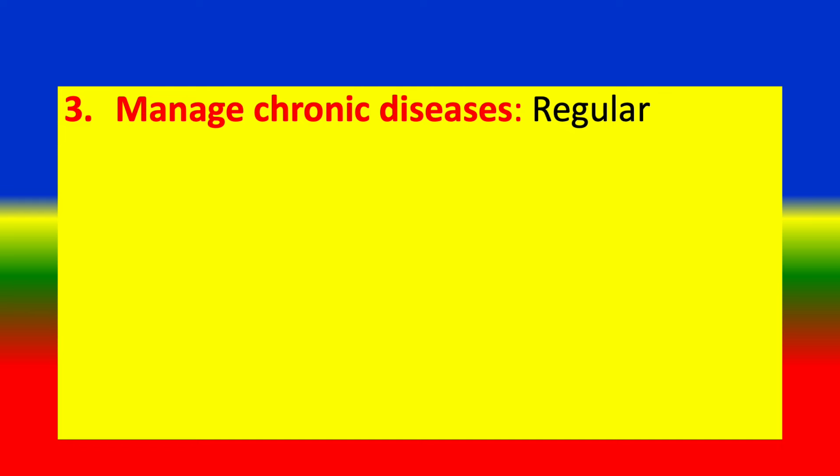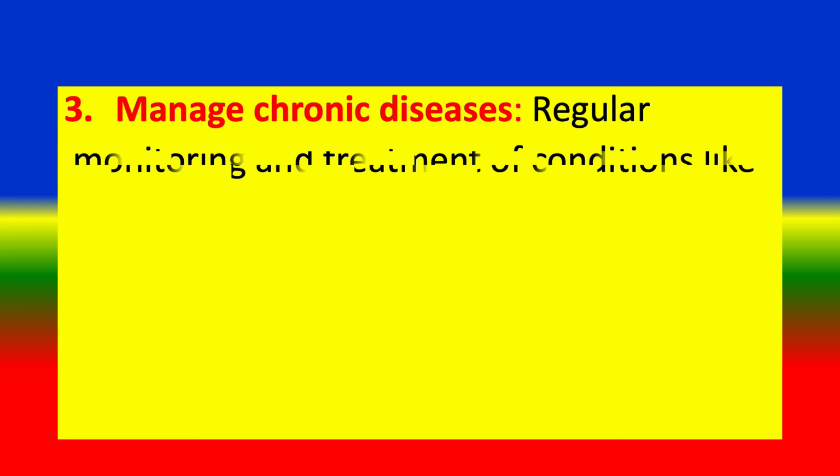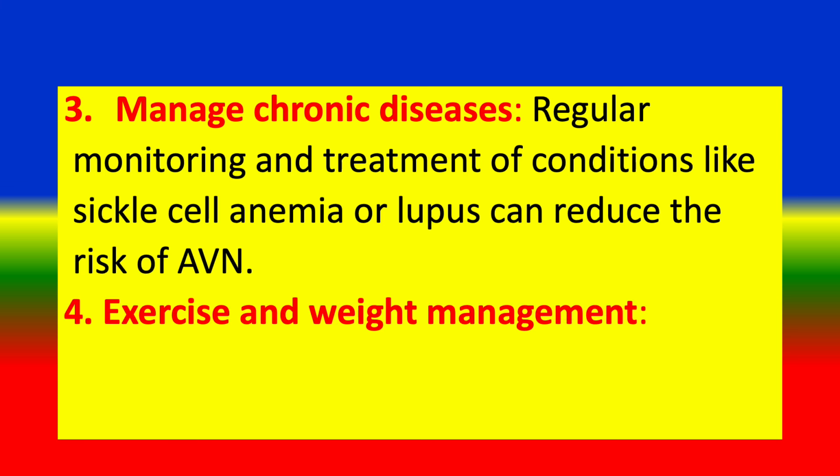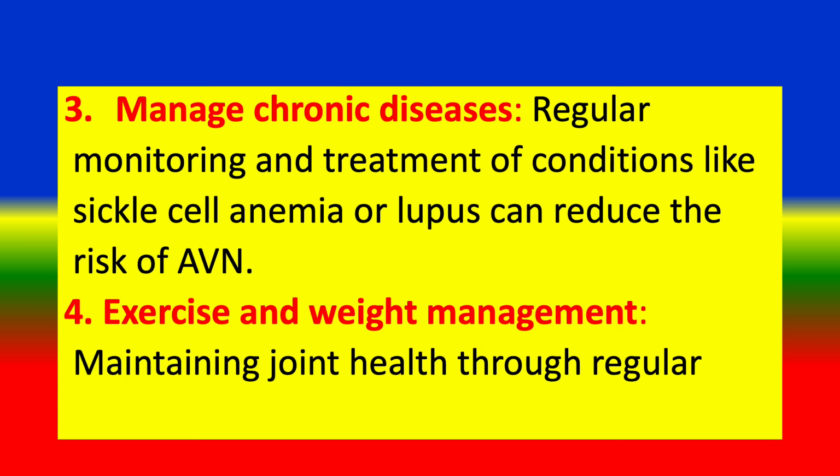Manage chronic diseases. Regular monitoring and treatment of conditions like sickle cell anemia and lupus can reduce the risk of AVN. 4. Exercise and weight management. Maintaining joint health through regular physical activity.